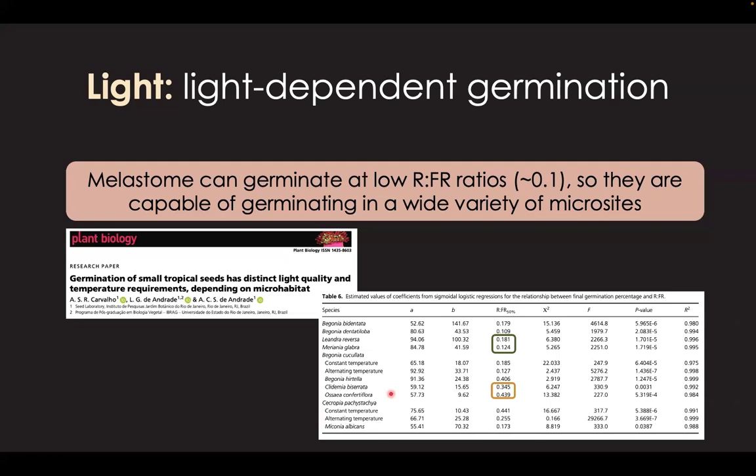And what is really interesting is that the light quality requirements in these species are different depending on the microhabitat they colonize. So species from the understory, such as Leandra reversa and Meriania glabra, germinate at a really small red to far red ratio.